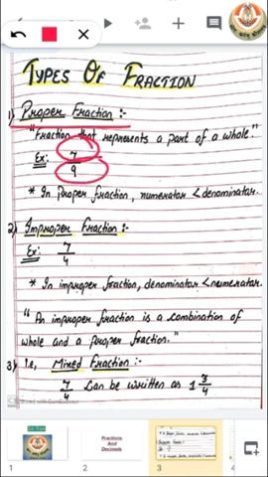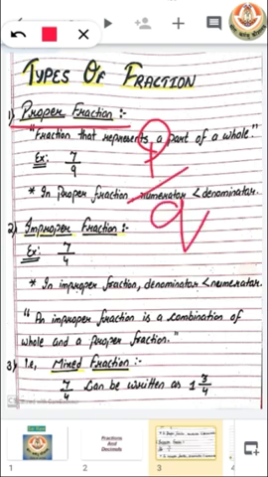We can easily understand this as P upon Q being a fractional form, where P is the numerator and Q is the denominator. As we know, in a proper fraction the numerator is always smaller than the denominator. This is called the proper fraction.